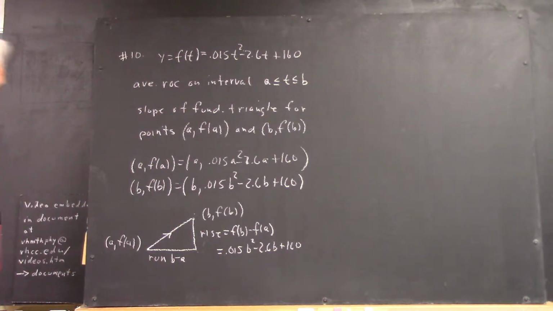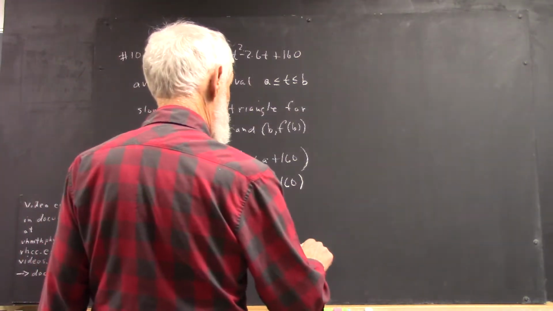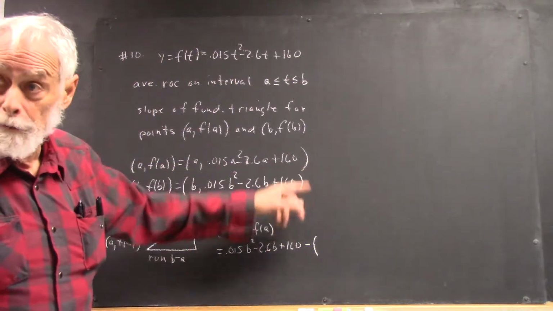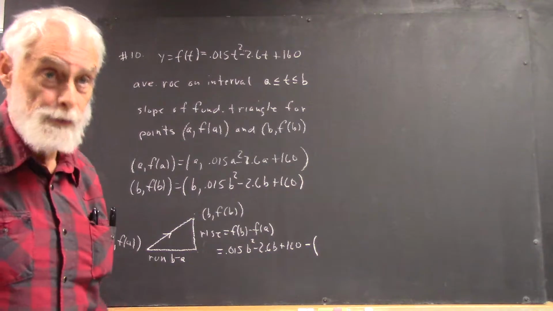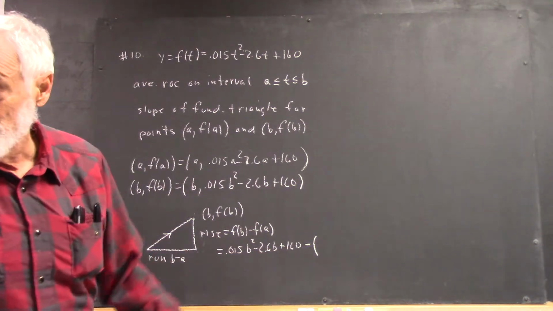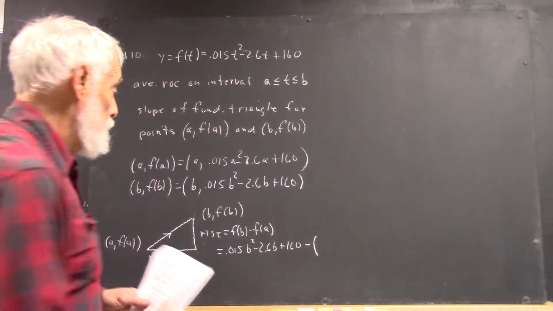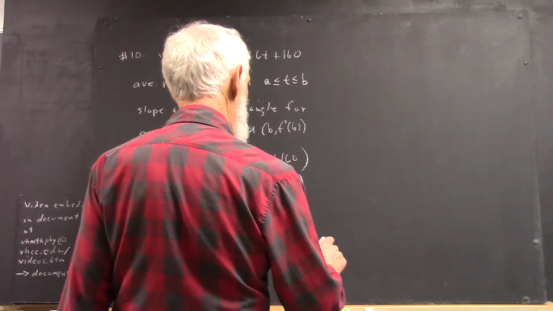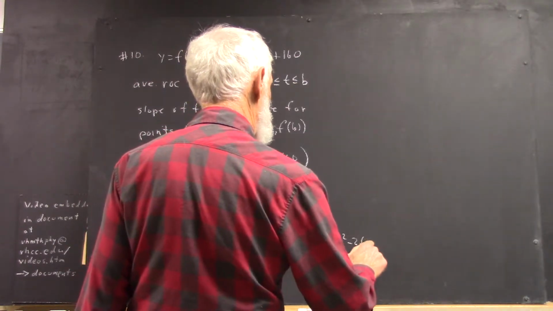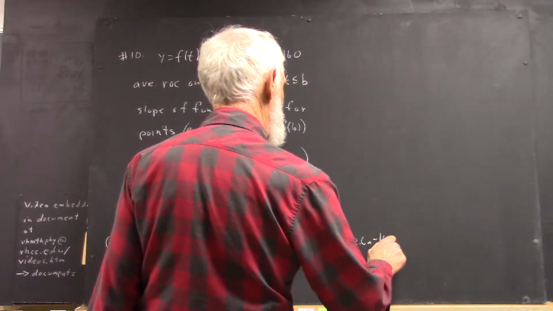And then it's minus, and we want to put parentheses around this because it's minus the whole thing, right? If you forget the parentheses, you're going to be likely to mess it up. Even if you remember the parentheses, you might mess it up, so you want to be careful. And it's going to be what? 0.015a squared minus 2.6a plus 160.